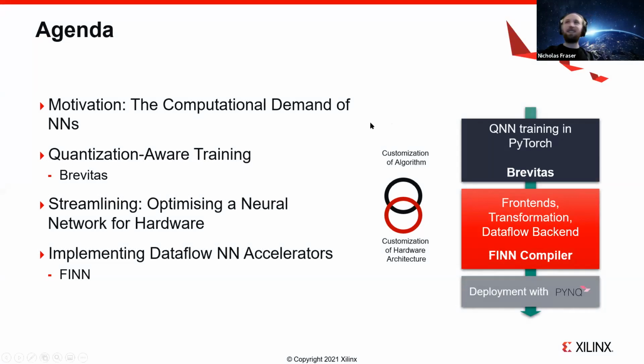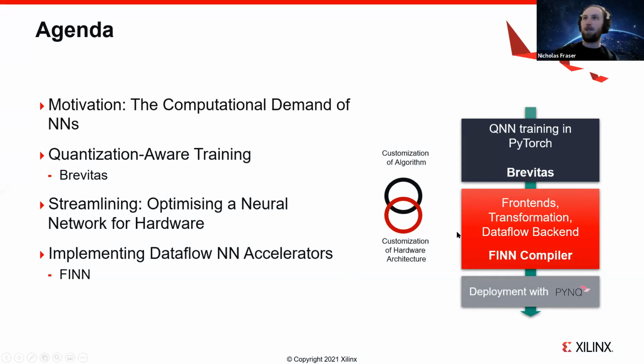Okay, so I'm going to start firstly with a bit of motivation about the computational demands of neural networks, and that's really the backdrop to this discussion. Then I'm basically going to take you through various points in this stack on the right. So this is how we do our co-design approach for this tool that we have called FINN.